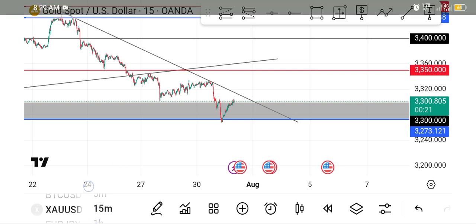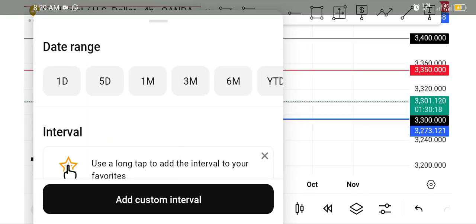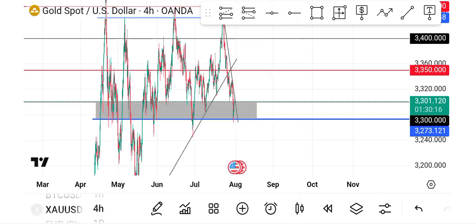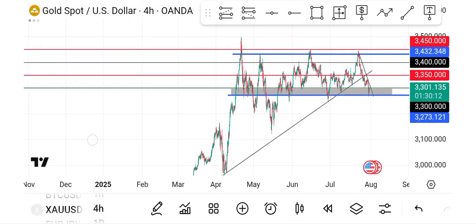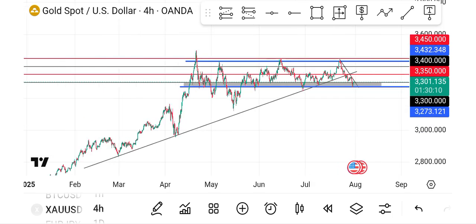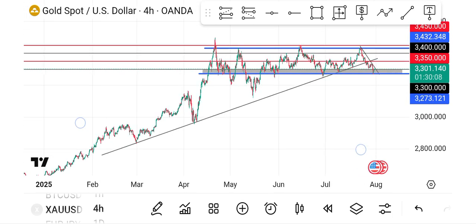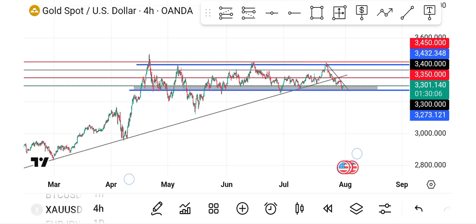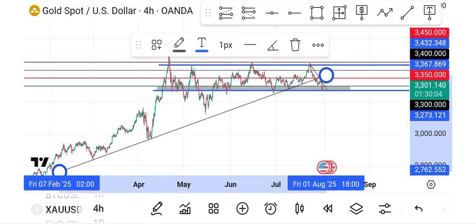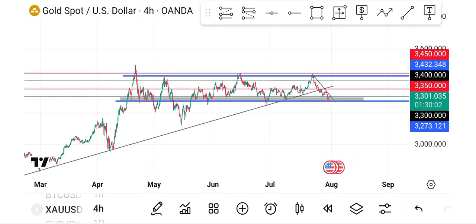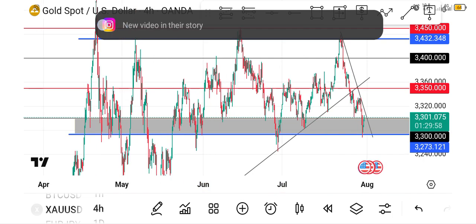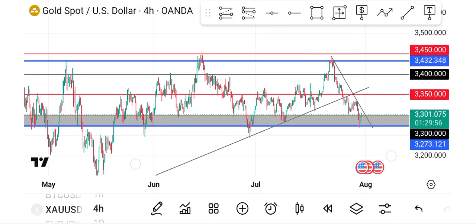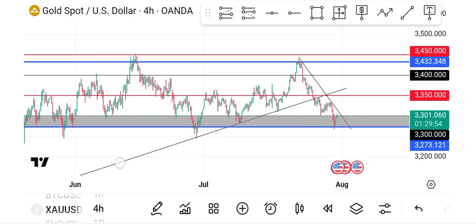So I'm switching over to the 4 hour time frame so that we can see the bigger view of what's currently happening on this pair. So currently you can see my strategy comprises of trend lines, which is this supply and demand zone, area of hesitation, and psychological levels.